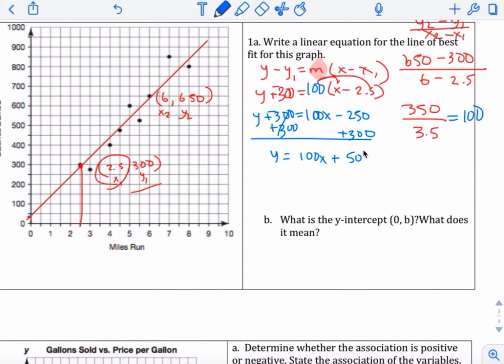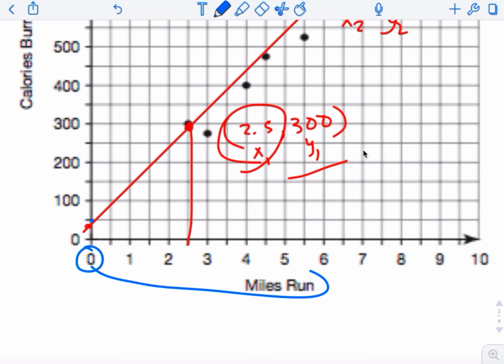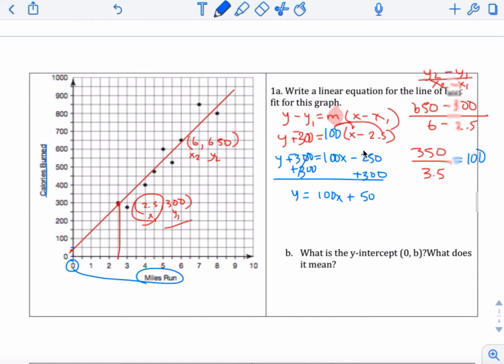Y-intercept, what does it mean? It's at 0 miles, 50. Even if you don't work out and go 0 miles, you burn 50 calories.